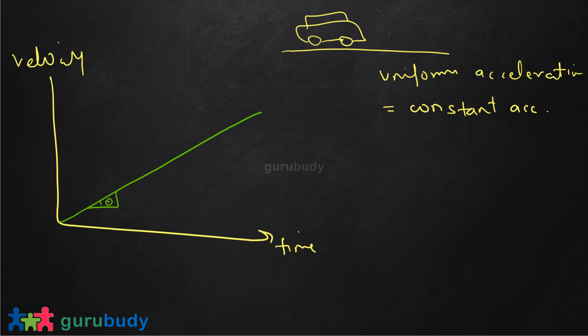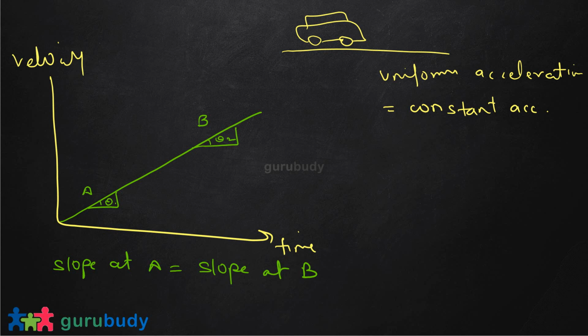At any point, say point A and point B, my slope is constant. So slope at A is equal to slope at B. The only way that can happen is if this is a straight line.